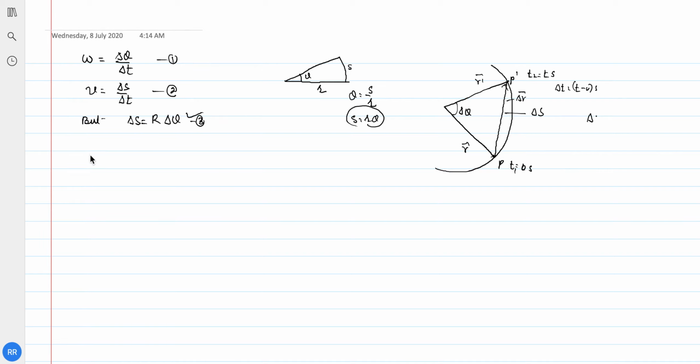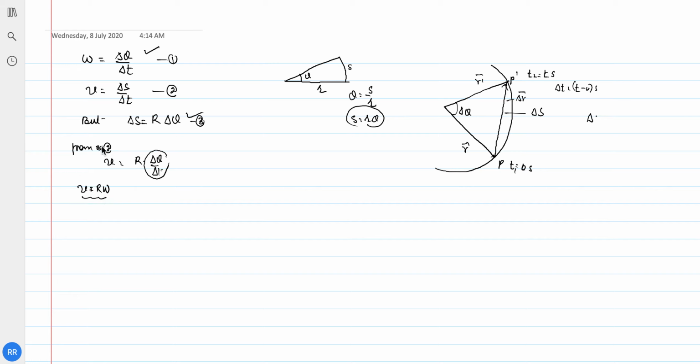So put here from equation 2, velocity is now r times delta theta upon delta t. So this delta theta upon delta t, from equation number 1, is omega. So we have velocity equal to r times omega.